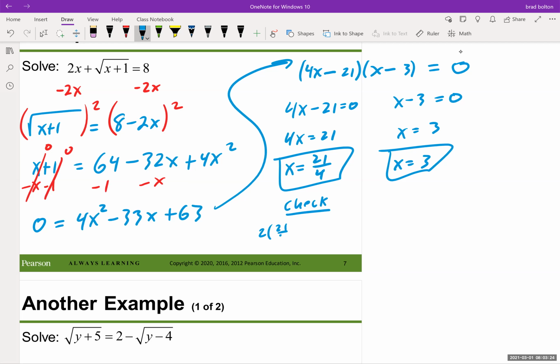So 2 times 21 over 4 plus the square root of 21 over 4 plus 1 equals 8. That would be 21 over 2 plus, now in here, 1 is the same as 4 over 4, so this would be 25 over 4, and the square root is 5 over 2.